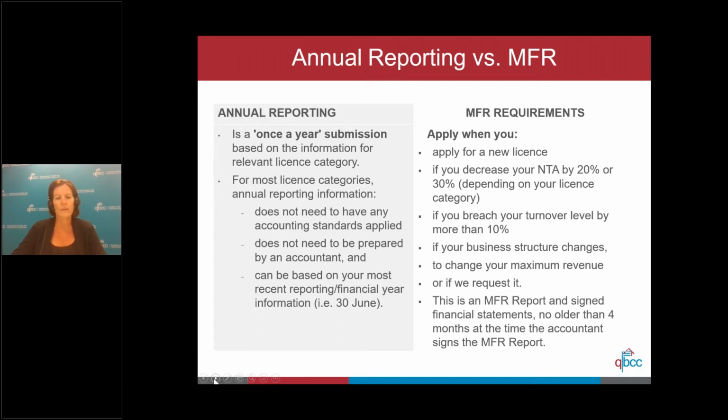We know that 31 December is not an ideal day for business. Most industries are shut down over that period, but the reason that the date's set at 31 December is to allow enough time to get the financial year-end documents prepared, and at the same time provide QBCC with enough reliability to be able to look at those accounts, so they're still fresh enough for us.